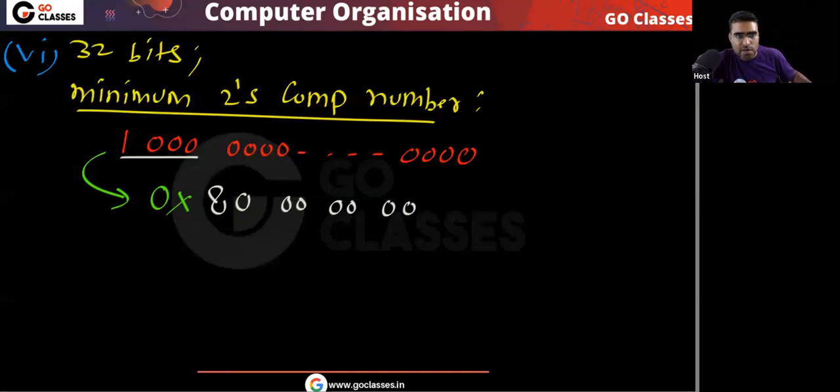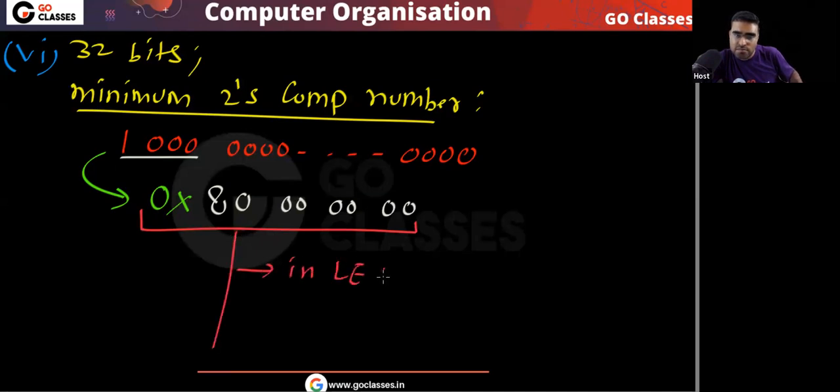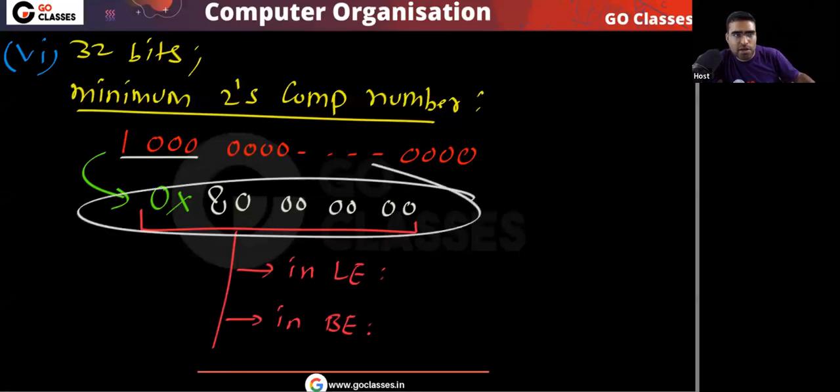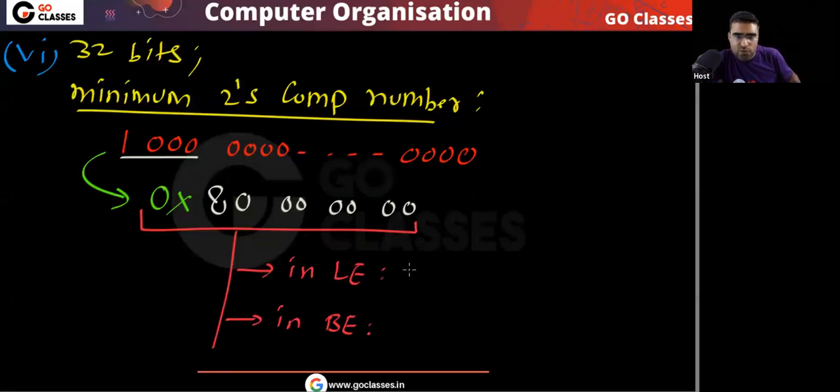Now you tell me, this number in little endian and this number in big endian, how will it look? How will this number be stored in little endian? Very simple. In the little endian system, you will start with the little end.